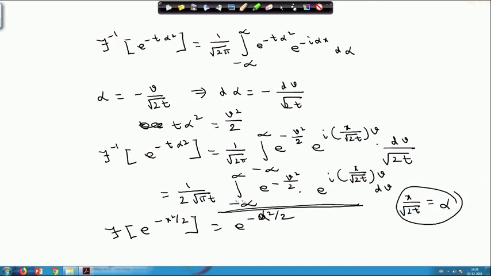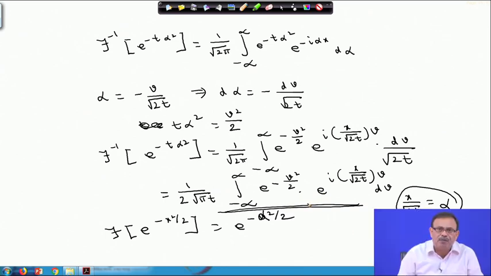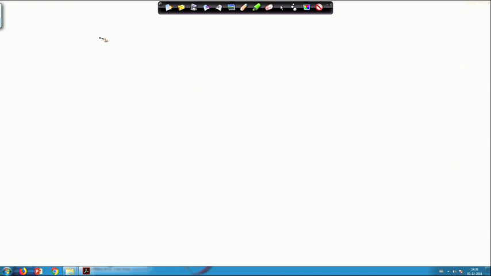So, I think this portion is clear: this last integral represents the Fourier transform of the function e power minus v square by 2 with kernel x by root 2 t, and I know the Fourier transform of e power minus x square by 2 is e power minus alpha square by 2, since it is self reciprocal. Using this, I can now write the Fourier inverse of e power minus t alpha square.